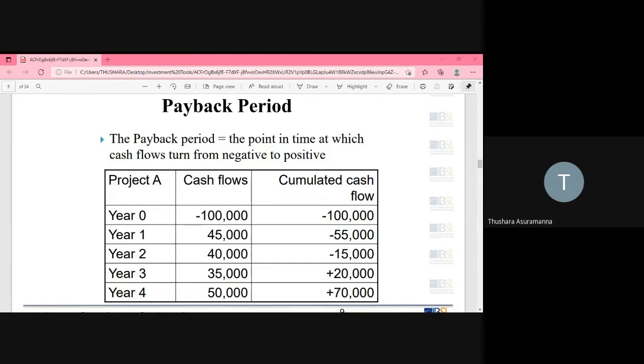Similarly, cash flows are minus 100,000 for year 0, and then year 1, year 2, year 3, year 4. Remember there is a residual value for project B also. Then go to the cumulative cash flow table and see what could be the answer.